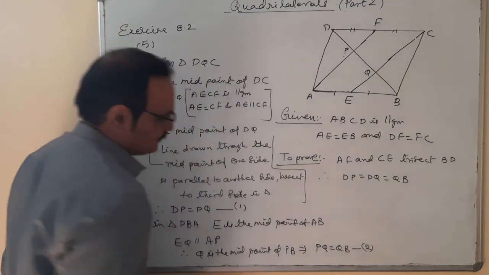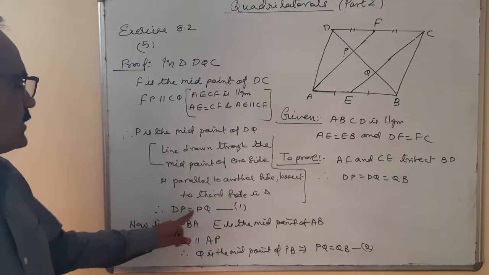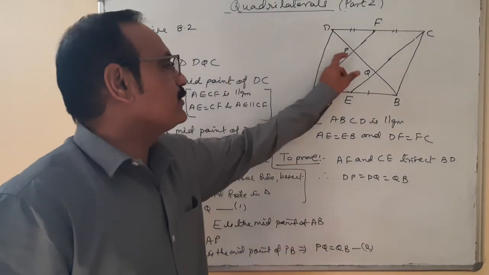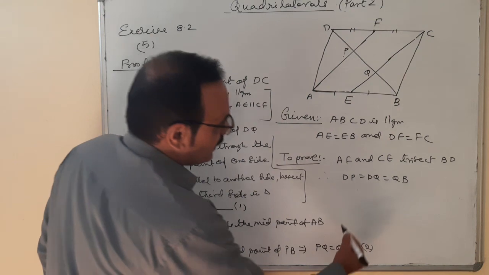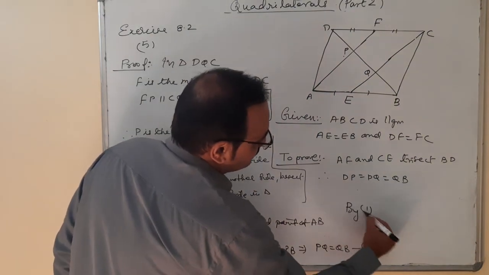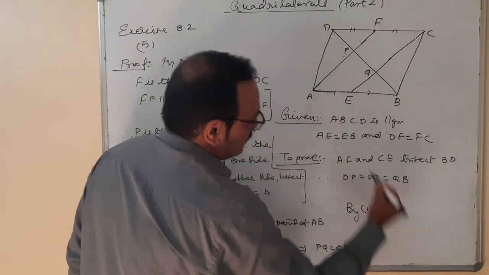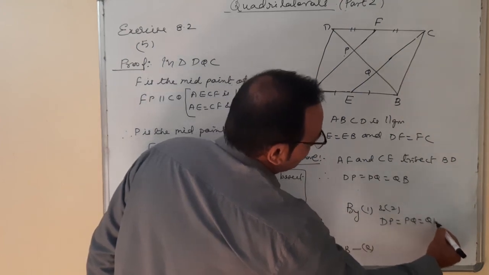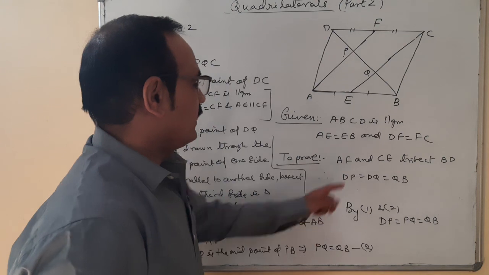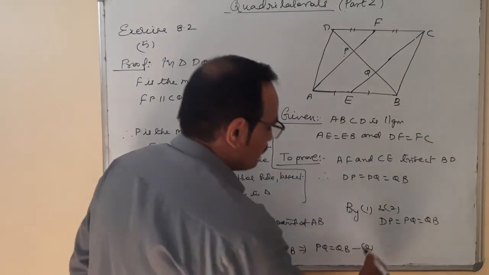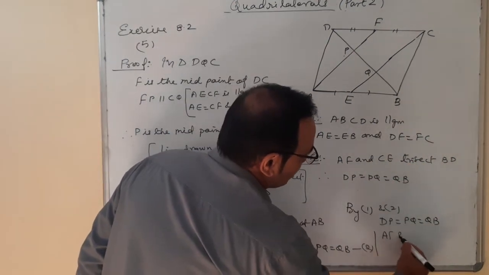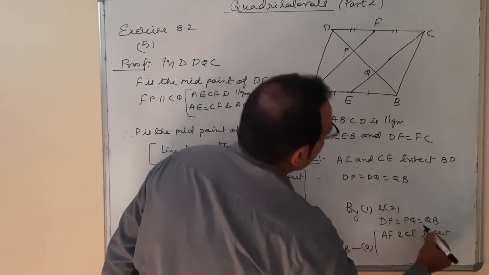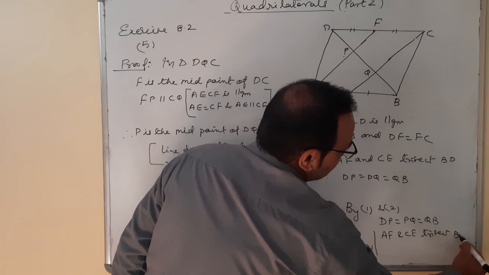Equation number 2. One equation, DP is equal to PQ. Equation number 2, PQ is equal to QB. By 1 and 2, DP is equal to PQ is equal to QB. That means AF and CE trisect BD.